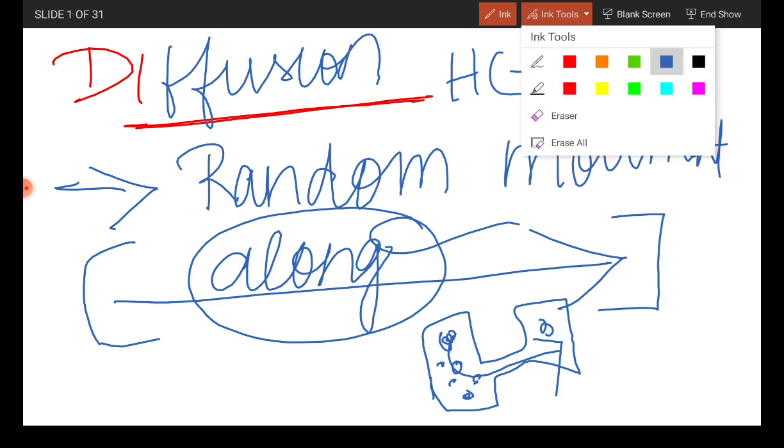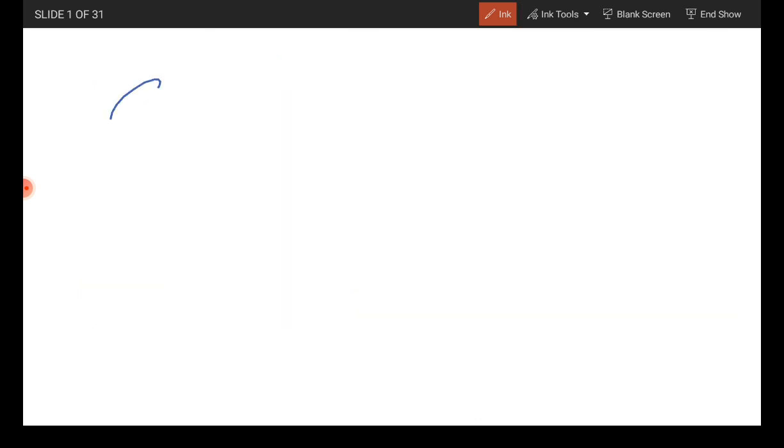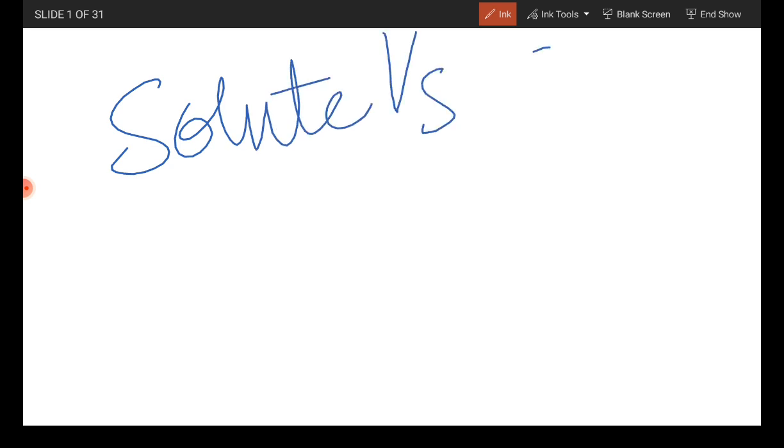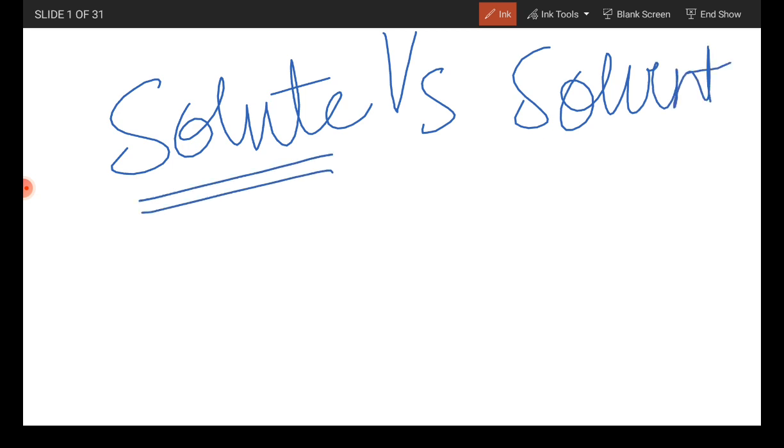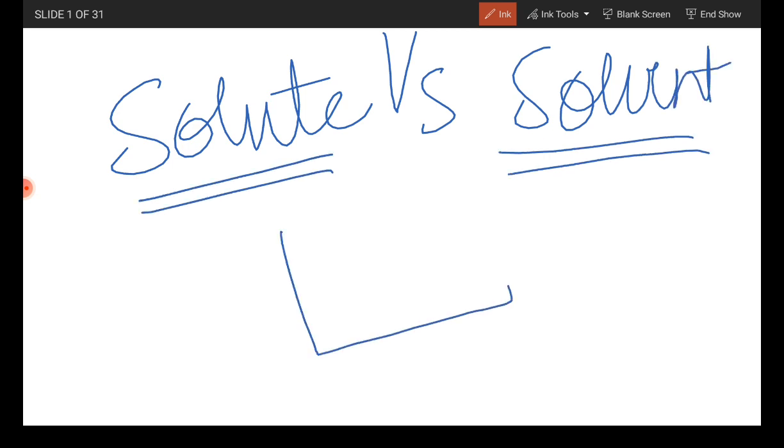Let's understand from the basic terms what is solute and what is solvent. Let us consider a beaker. A beaker is full of water.